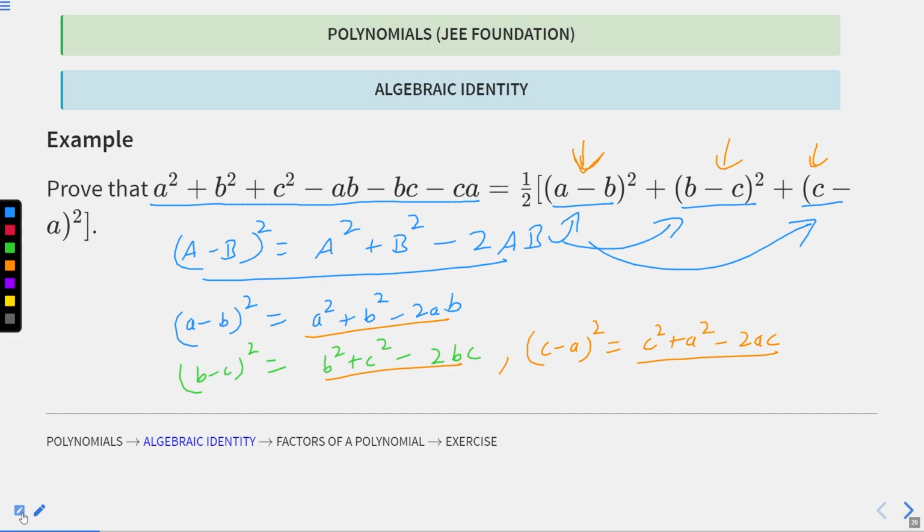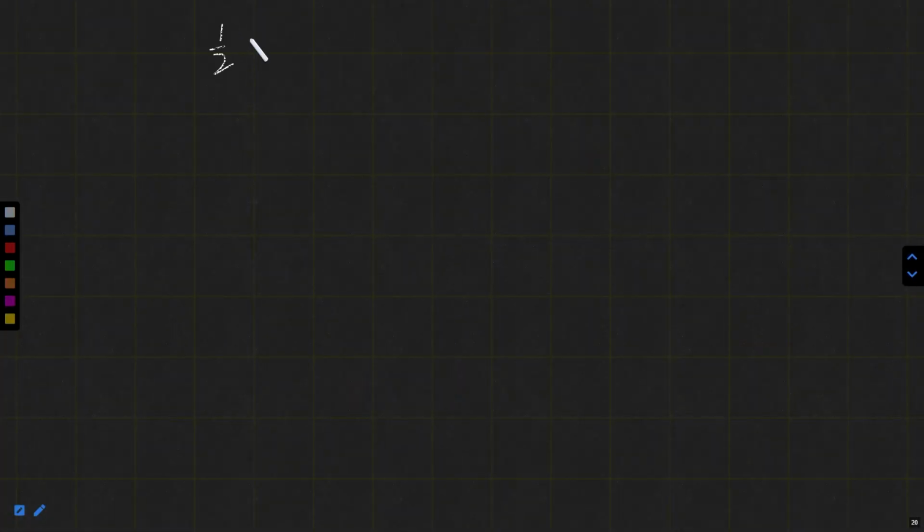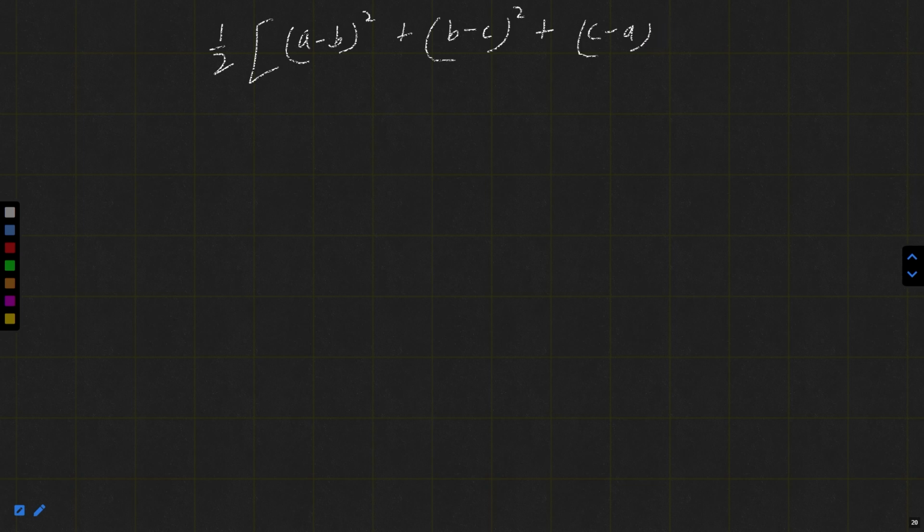So let's see what will happen. Now my right hand side is this: (a minus b), (b minus c) and (c minus a). I hope this is clear. Now just putting in these respective identities, I will get the result.